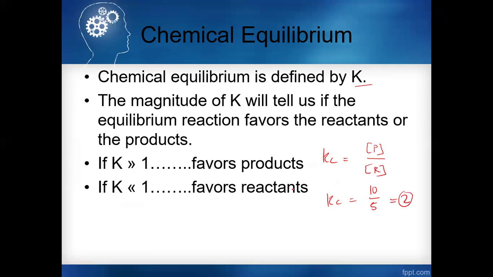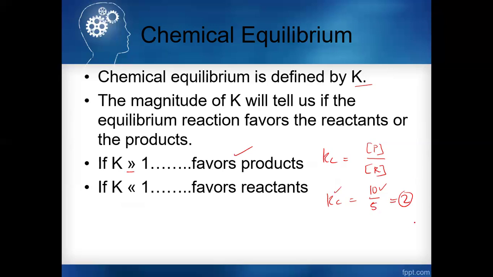This value is greater than 1, right? So when the Kc is greater than 1, it means we favor the product. Why? Look, mathematics. Chemistry means maths. According to maths, the value at the top is directly proportional to the value of the fraction. So the higher the products, we're going to have a high Kc value.